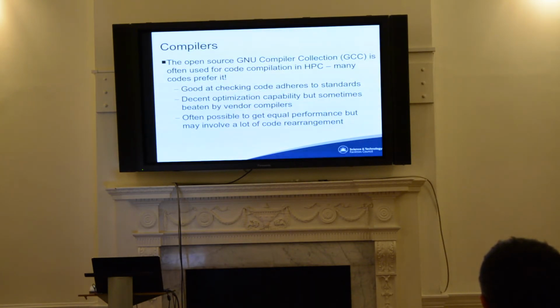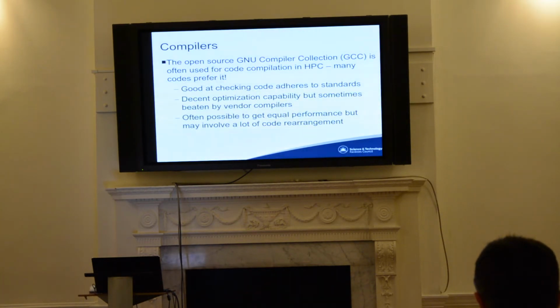One of the popular compilers, which is available, as far as I know, on all of the HPC systems, is the GNU compiler. And in fact, this is often the compiler of choice in HPC, for many reasons. One reason is that it's good at checking whether your code adheres to Fortran standards, for example.